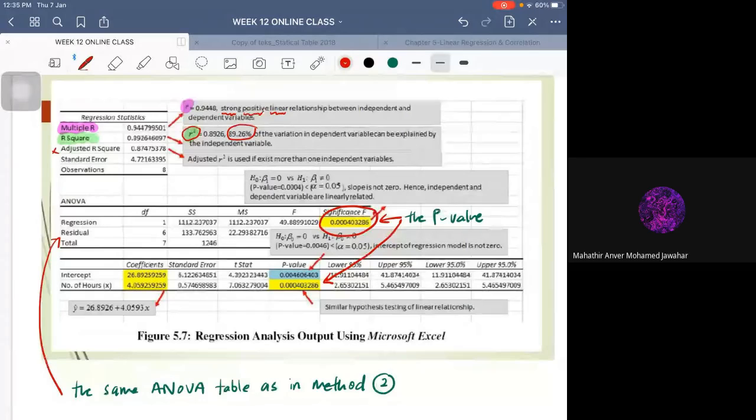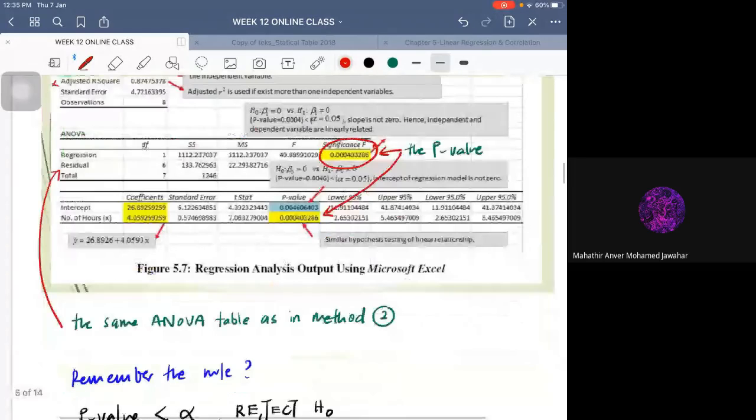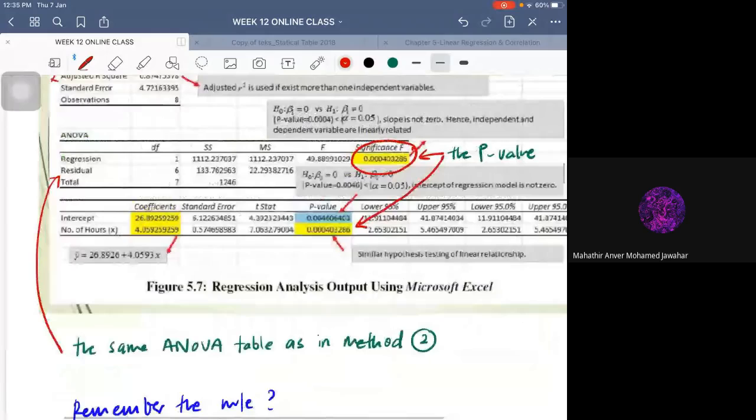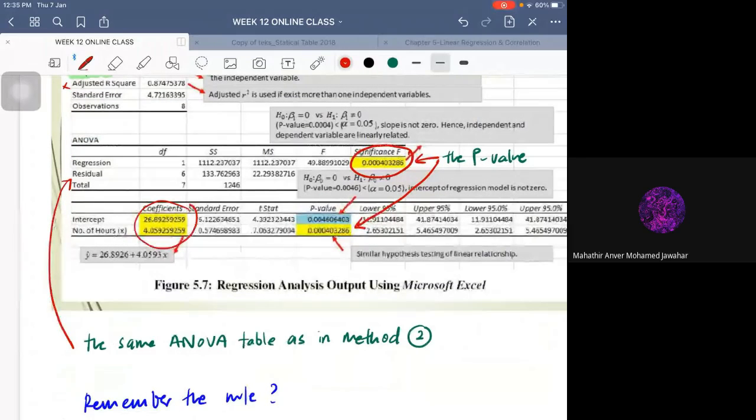Okay, and then we have a bunch of things over here as well. Among the most important is right here, the coefficients. This gives you the value of beta naught and also beta 1. During the previous lecture, we already did the calculation by hand. Actually, you can also use your calculator to find beta naught and beta 1.